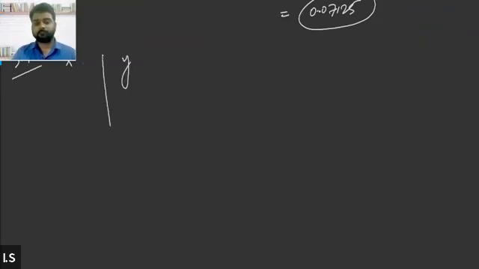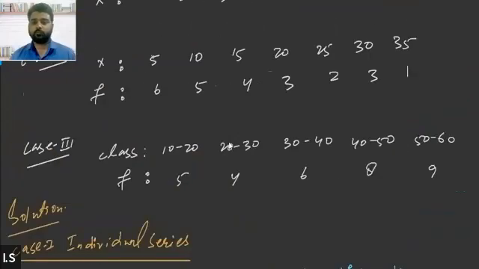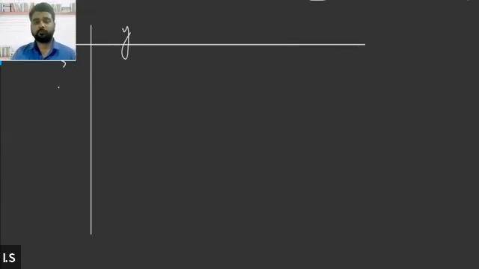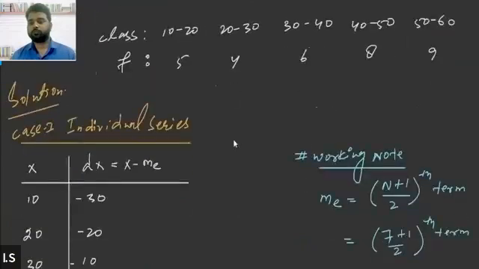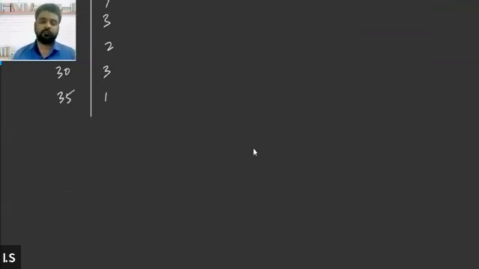X and Y. The values of X were 5, 10, 15, 20, 25, 30, and 35, and then the values of Y. After writing down the question, we will write down the formula.